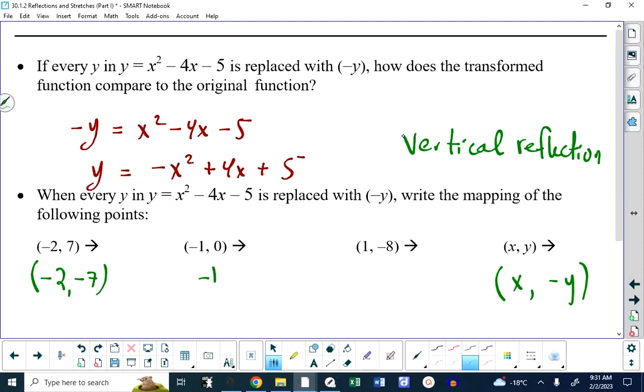This would become negative 1, well, if I take 0 and I switch it or flip it, since it's a neutral thing, it doesn't change signs. The positive y's become negative, the negative y's become positive. 0 is neither positive nor negative, so it doesn't change. Any questions with that? Still pretty basic stuff, I think.